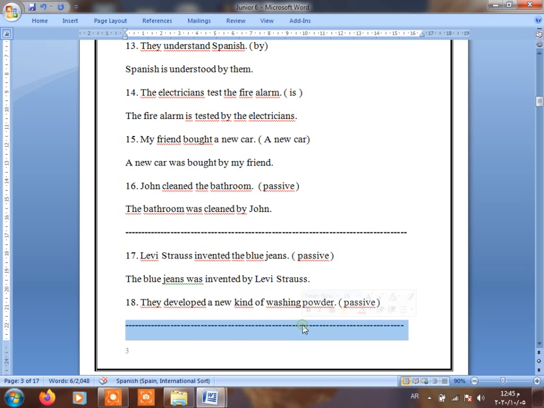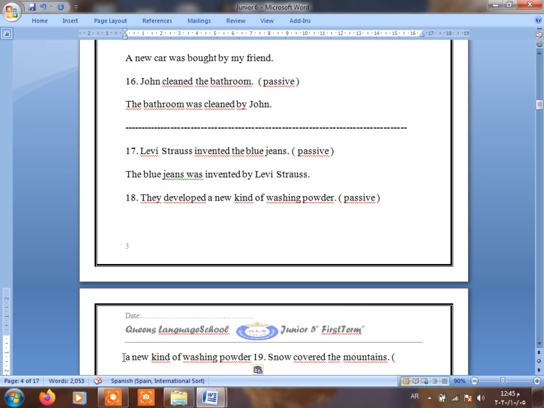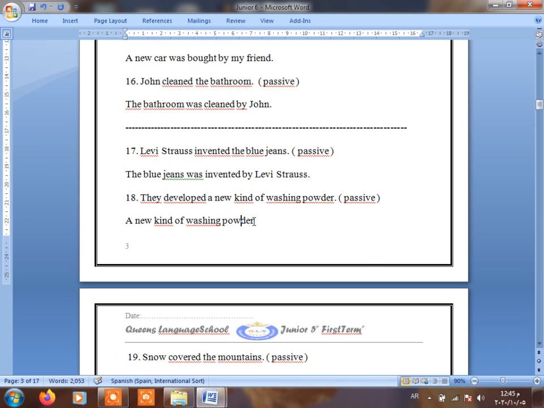Was or were, we say it's in the past simple, so we must make it was. So a new kind of washing powder was developed by them.